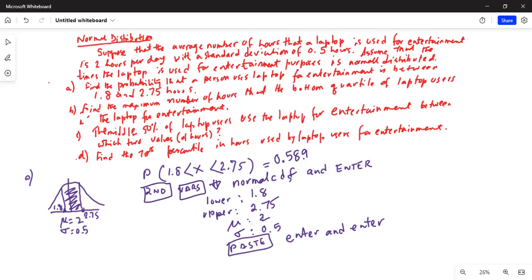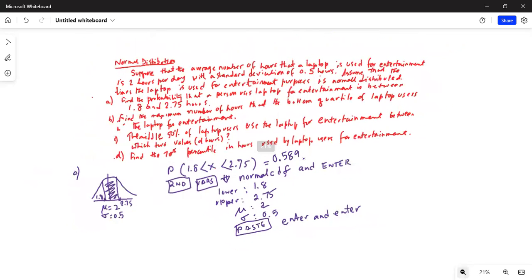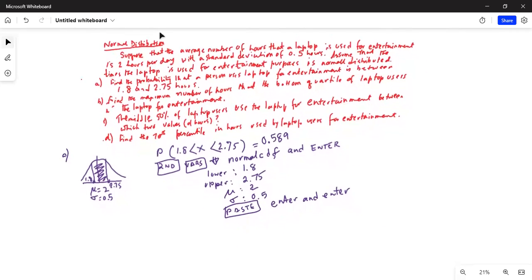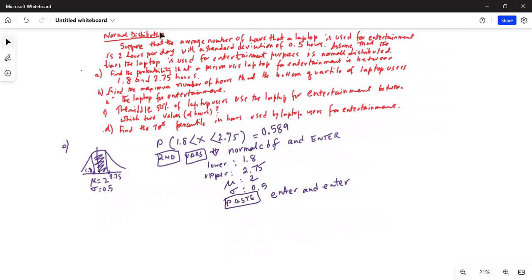Okay, so now I'll create some space for myself. Move this a little bit up. Part B. So part B. Part B. Find the maximum number of hours that the bottom quartile of laptop users use the laptop for entertainment.